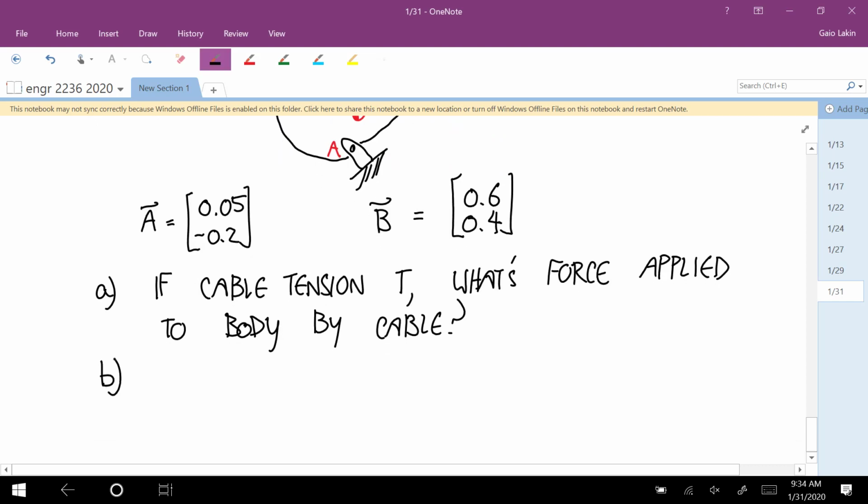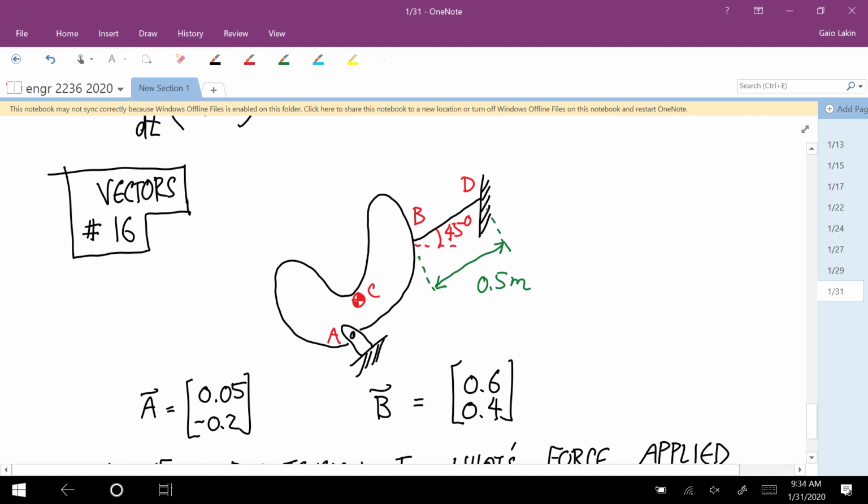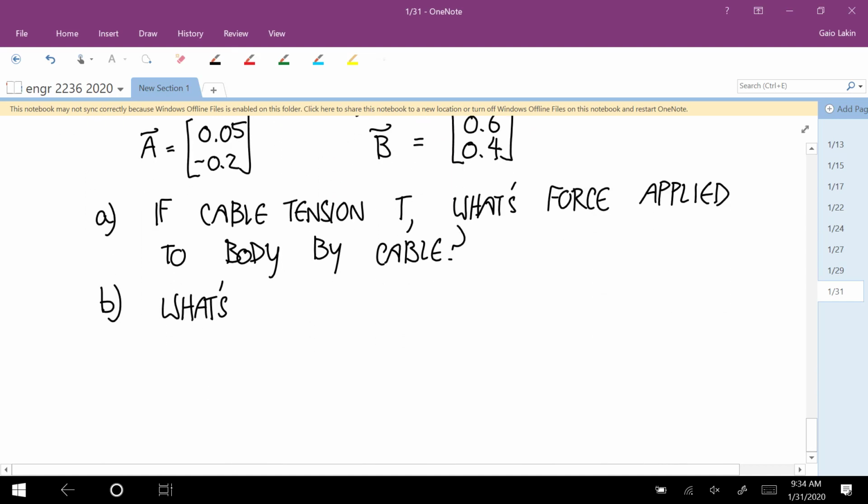And then second, what's the vector? It says from the pin to the point where the cable contacts the wall. So we want the vector 2D from A.